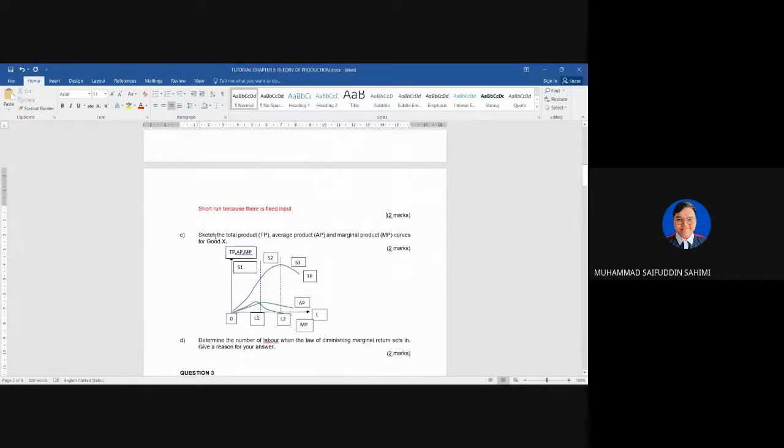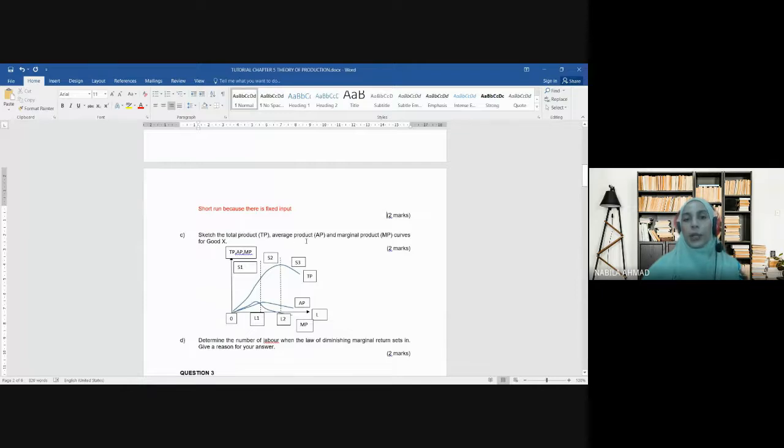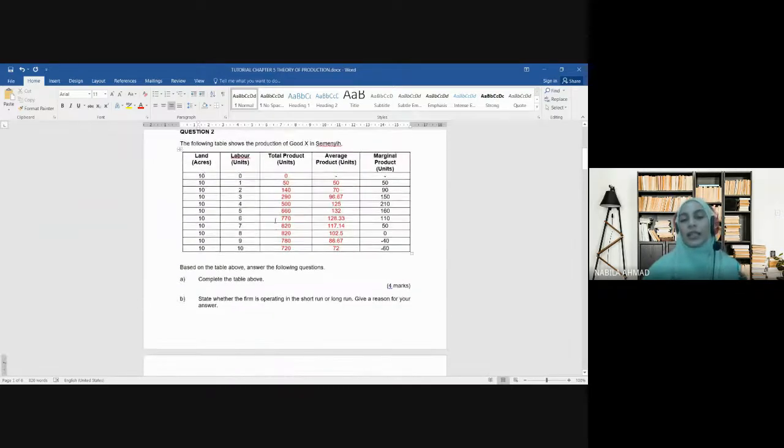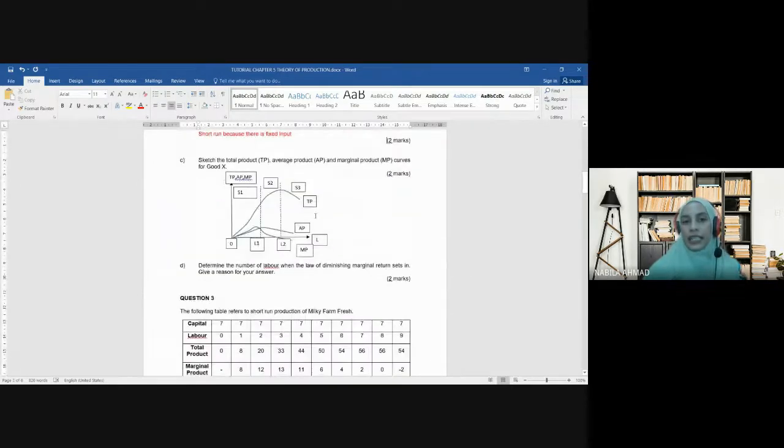Yes. Okay. Sketch the total product, average product and marginal product curve for good X. Okay, dia suruh sketch sahaja, tidak perlu lukis atas graph paper. So macam inilah cara kita sketch. So we have total product there.